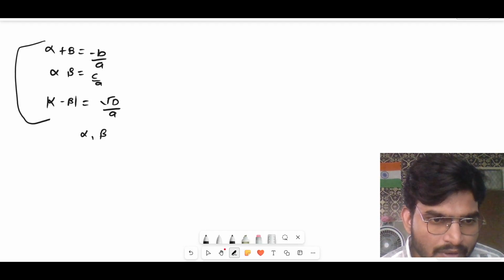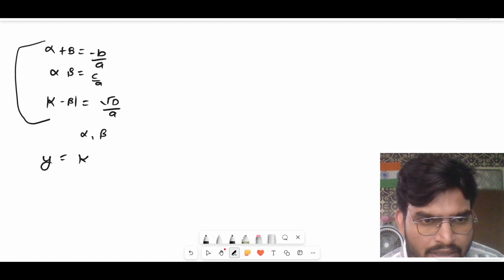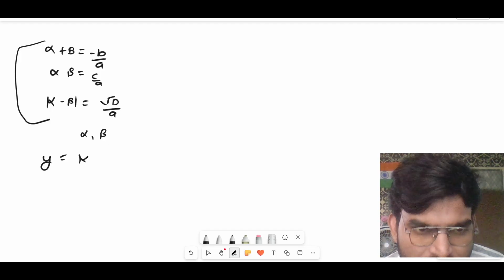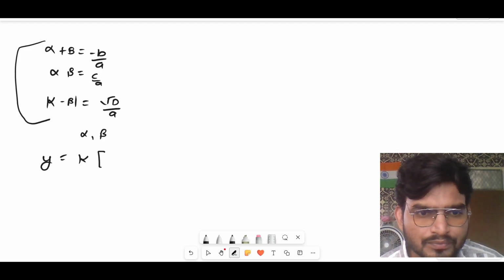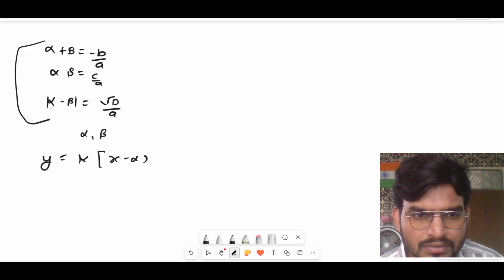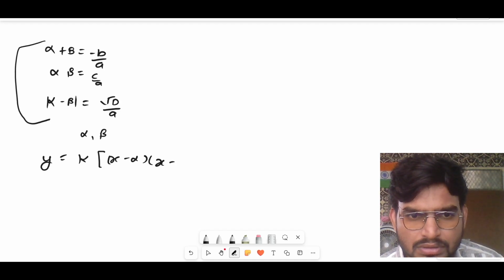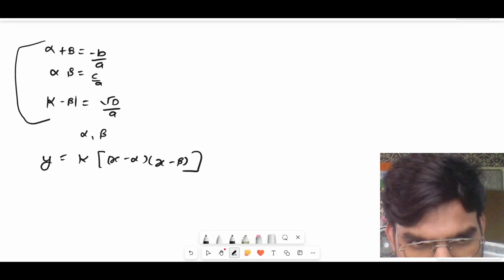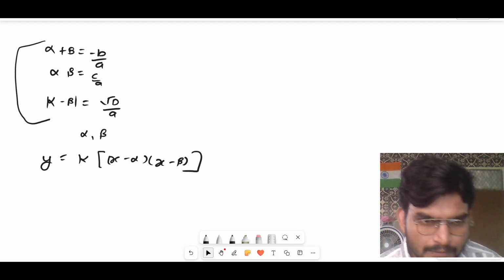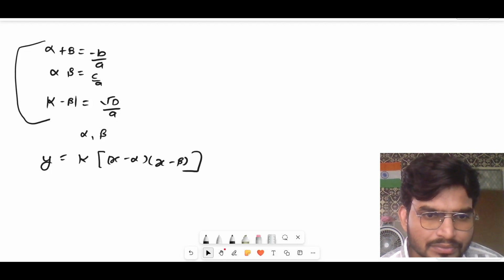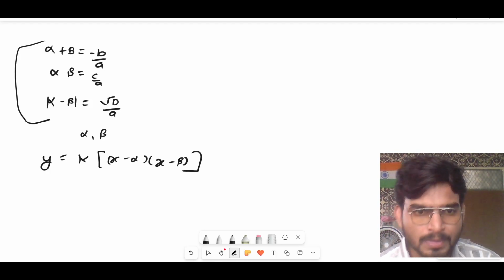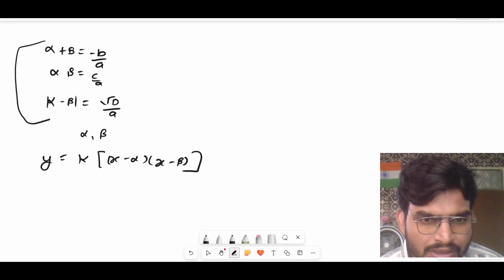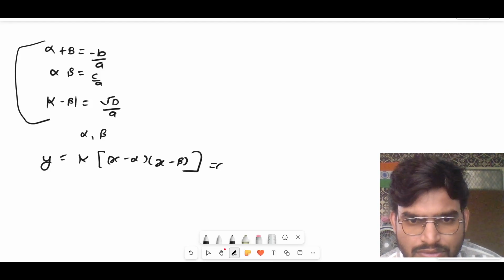This will be y equals k, where k is a constant, k into x minus alpha into x minus beta, equals 0.